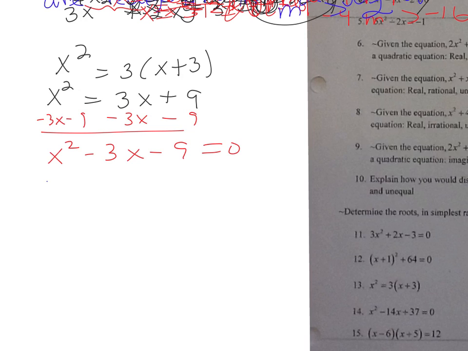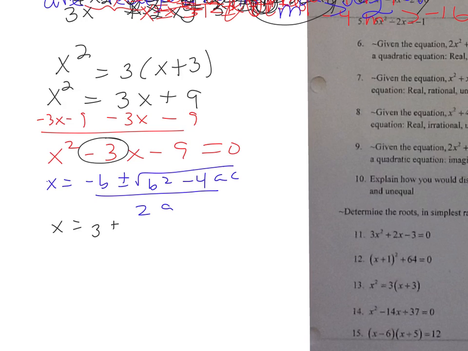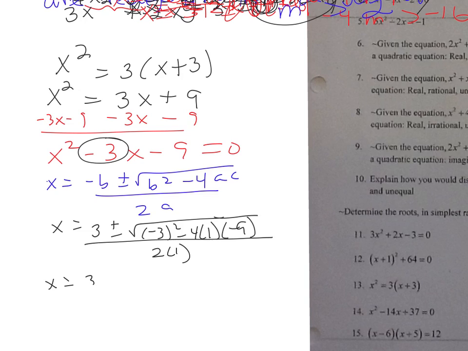Okay, so I get x equals, this is the formula, negative b plus minus the square root of b squared minus 4ac all over 2a. All right, so I get x equals, opposite of what b is, negative 3, so it's 3, plus minus the square root of negative 3 squared, minus 4 times 1 times negative 9, over 2 times 1. So x equals 3 plus minus, plug in what's under the radical, over 2.